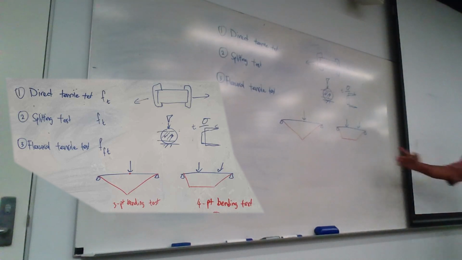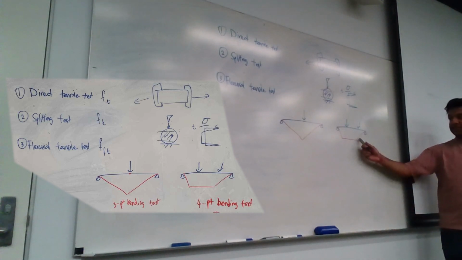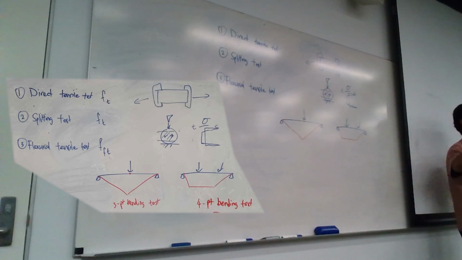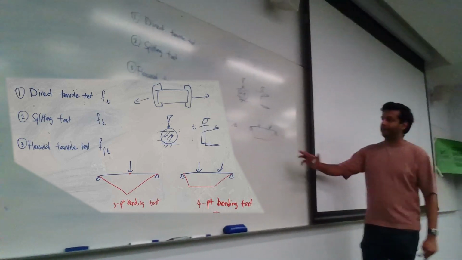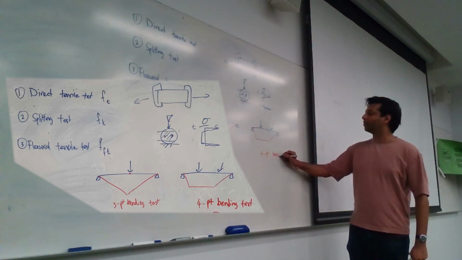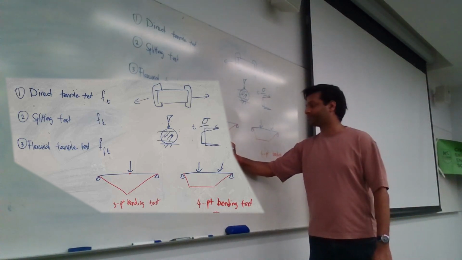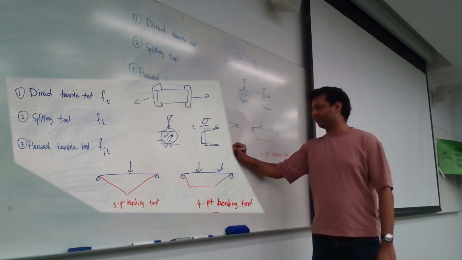So basically, you're not only stressing one zone, the maximum moment is spread across your entire testing zone. So it's preferred in that sense. This is called a 4-point bending test. And this is a 3-point bending test. So preference is to the 4-point bending test.